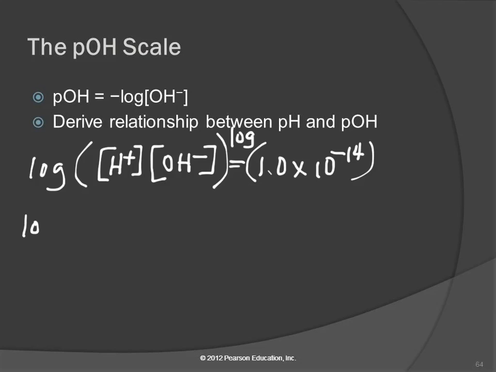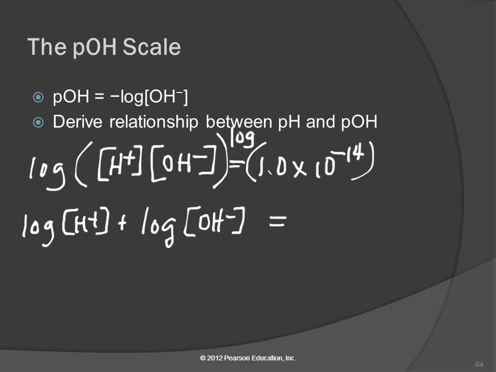So that ends up being the log of H plus the log of OH. And don't bother even copying this down. Just watch and try to pretend you're interested. What's the log of 10 to the minus 14? The log is minus 14.